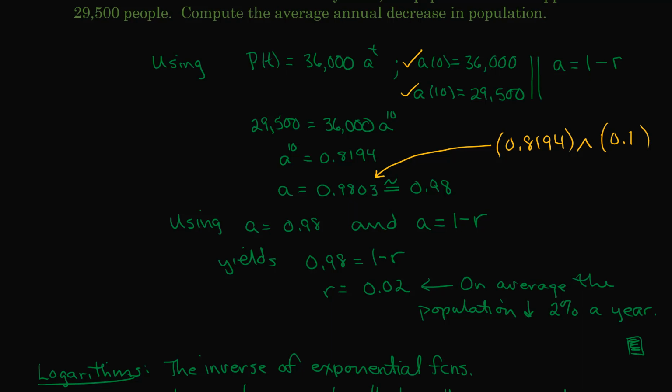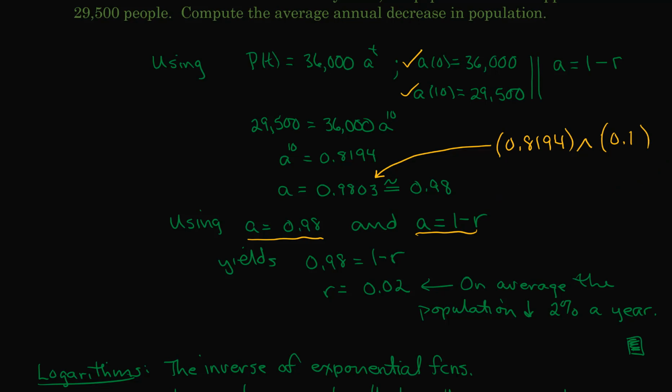Okay, now we have two definitions for a at this point. One of these definitions is that a is equal to the 0.98, the number we just computed. The other definition we have for a is that a is going to be 1 minus whatever the rate of decay is.